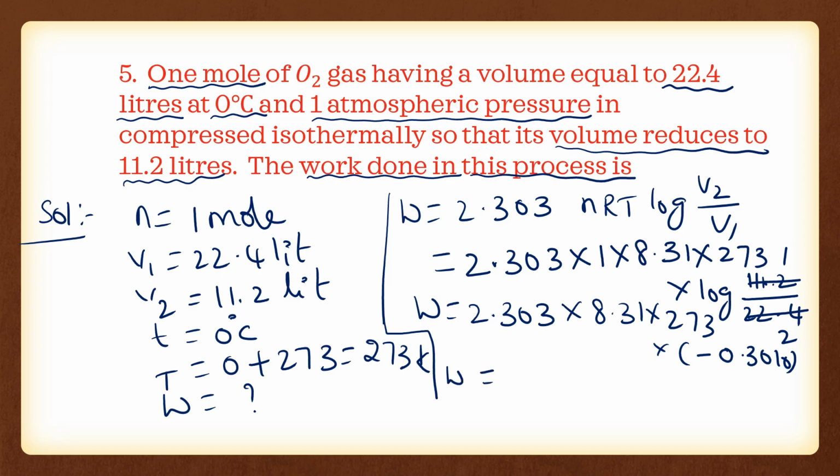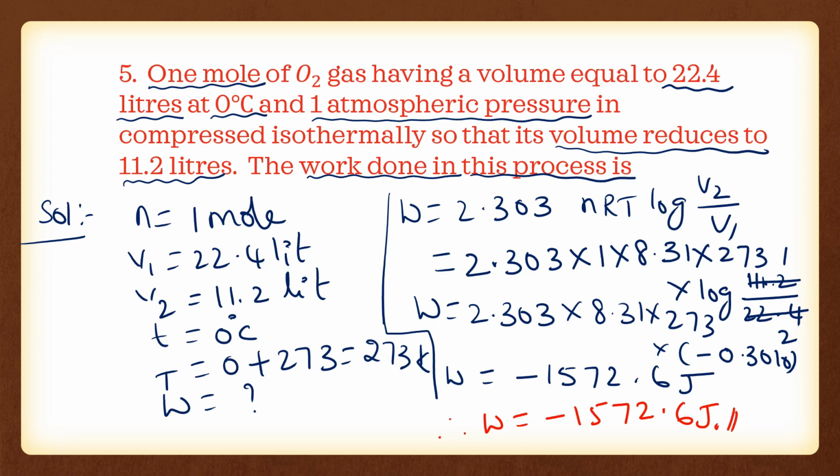So finally we are getting the answer minus 2.303 into 8.31 into 273 into 0.3010. After multiplication we are getting 1572.6 joules. So the work done in this process is equal to minus 1572.6 joules. This is the final answer.